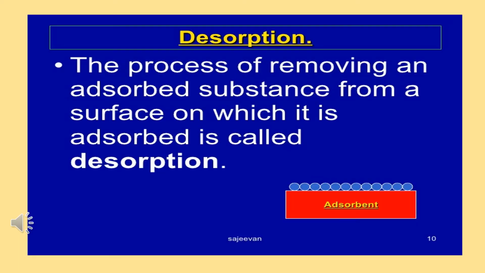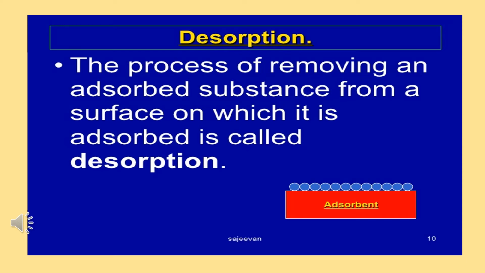Okay, students, till now we studied about the process called adsorption. That is the accumulation of adsorbate molecules on the surface of adsorbent. But in some cases, due to some repulsive forces on the surface, the adsorbed substance is removed from the adsorbent surface.